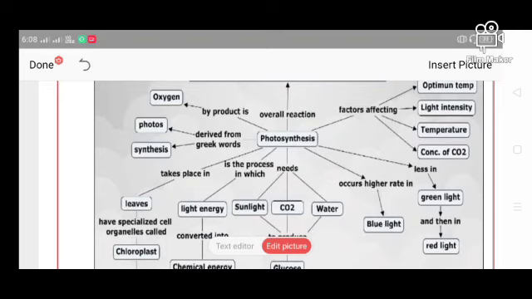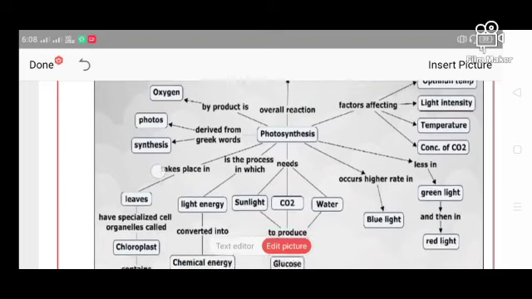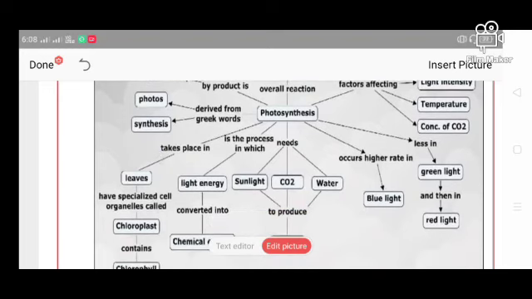So it is a general mind map, you can observe it anywhere also. Next one is that photosynthesis takes place in leaves. We have known about it since the ninth class. It is a very essential reaction.